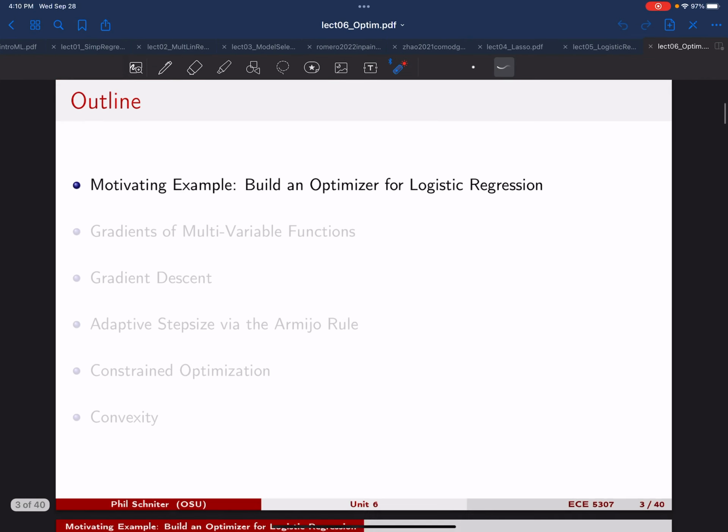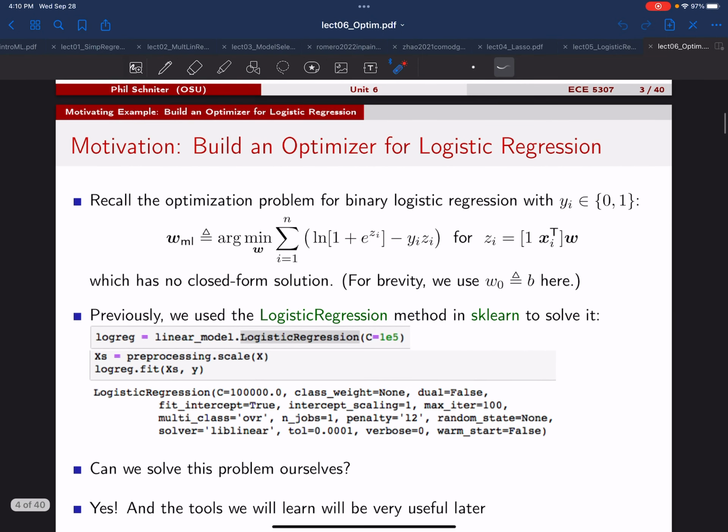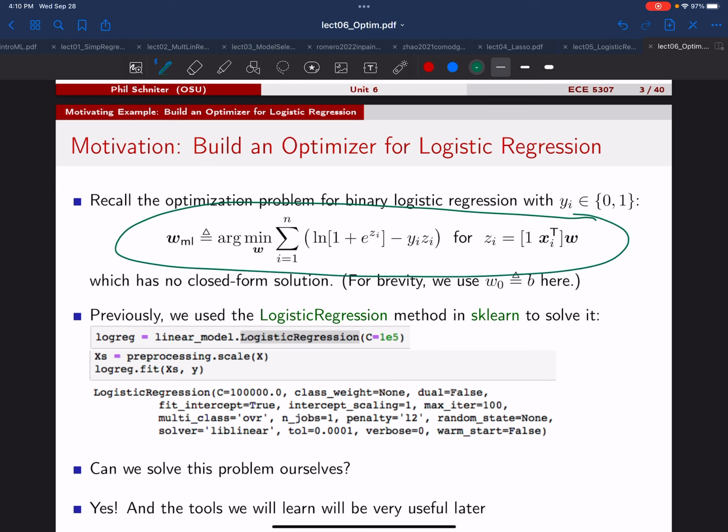So our motivation is that in the last unit, we saw that in order to train our binary logistic regression model, we had to solve this optimization problem here, which looks a little bit complicated, and it's too complicated to just be able to derive the answer, so that's not going to work.